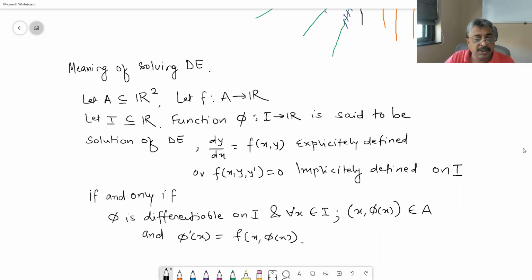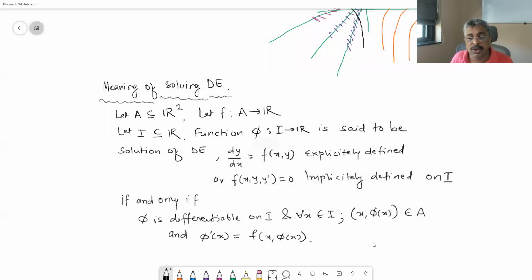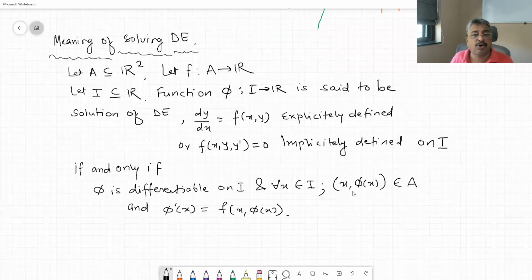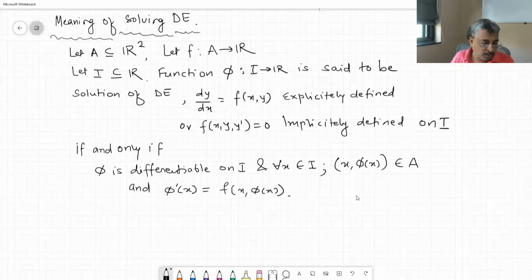So the three conditions that we were discussing are put here properly. That is the meaning of solving a differential equation. You may just note it down if you have understood. There is no need to remember this, but this is the systematic approach.